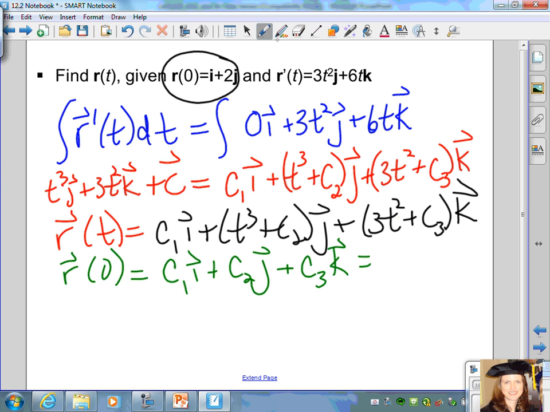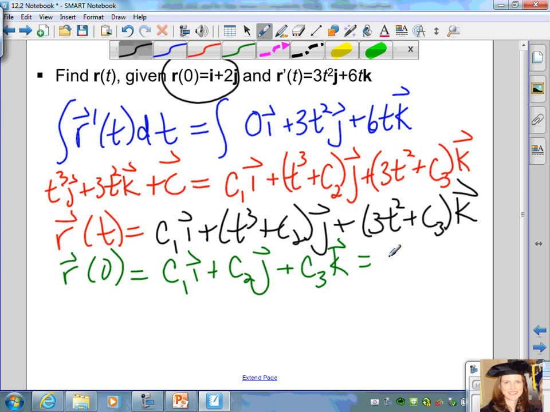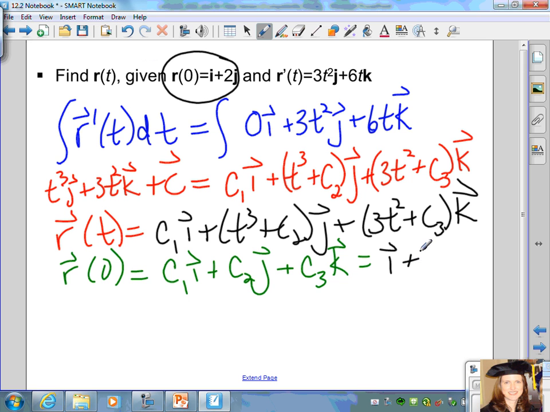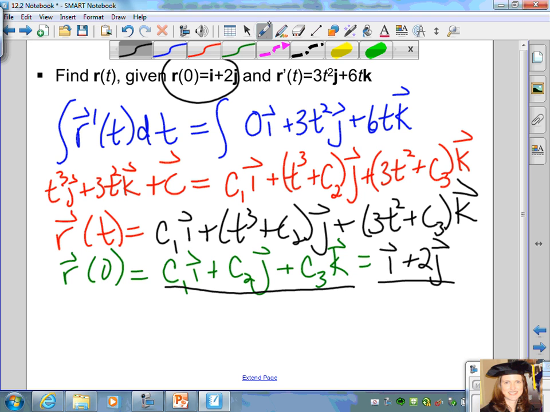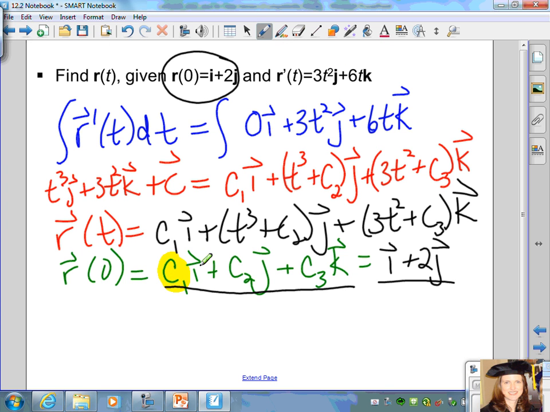And that equals the initial condition, r of 0 is i plus 2j. Now if this vector on the left is equal to the vector on the right, then the corresponding components must be equal. So the i component, C1i, needs to be equal to the initial condition i.